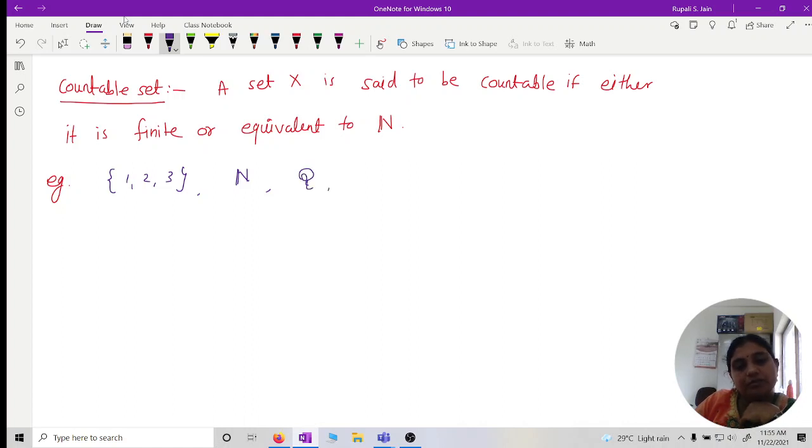In the next theorem, we have to prove the set of rational numbers is countable. Whereas R is not countable. Otherwise it is said to be uncountable.